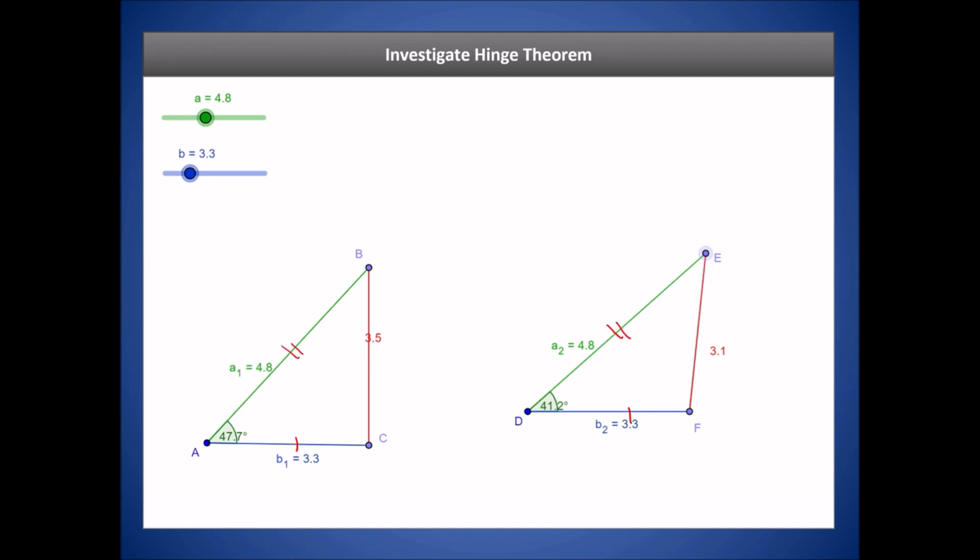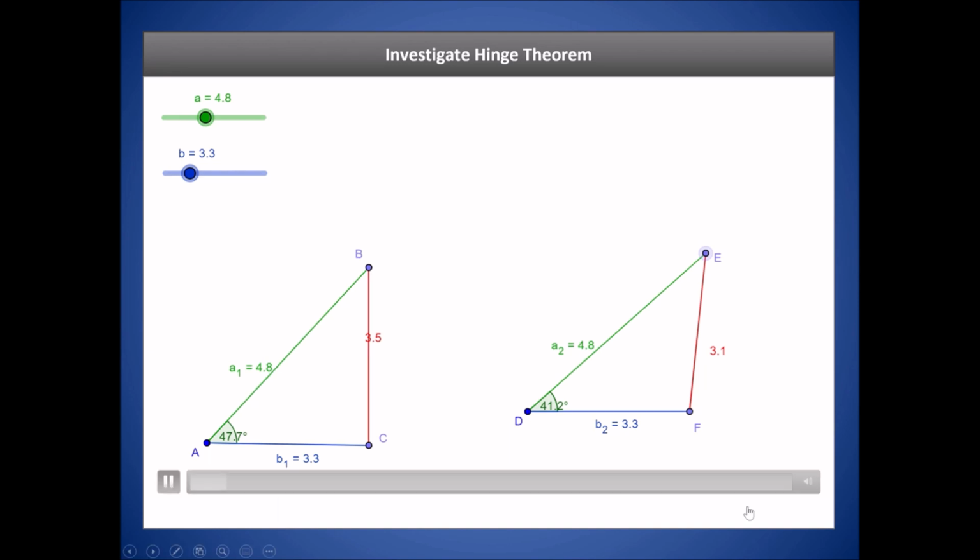You can see that these are two different triangles based off of the different measurements on the third side. What we want to see is what happens as we adjust the included angle between the two congruent sides, to see if there's any relationship between the angle and that third side.